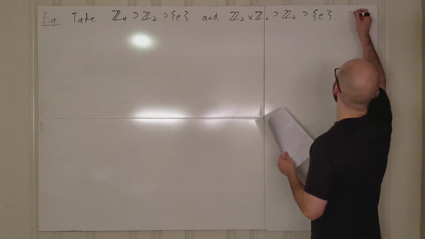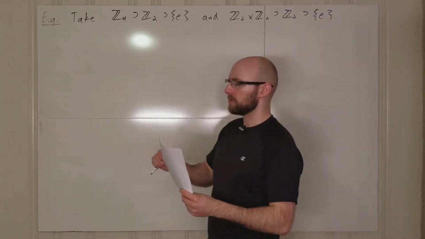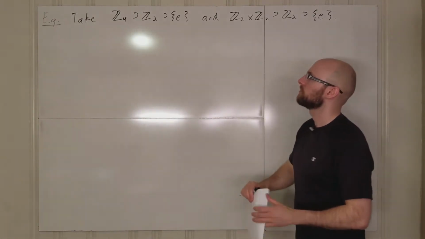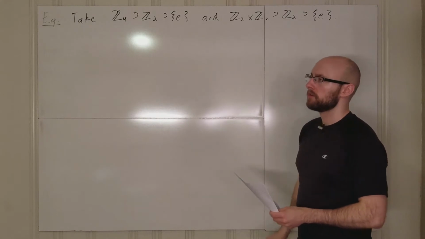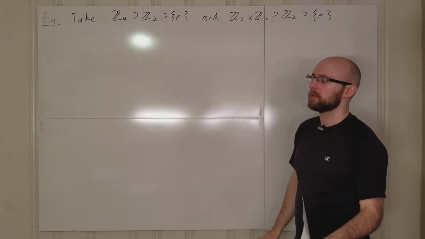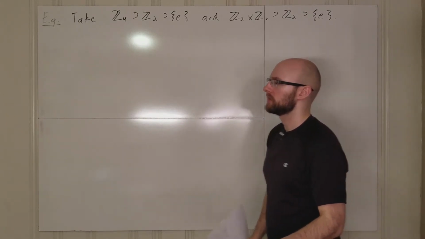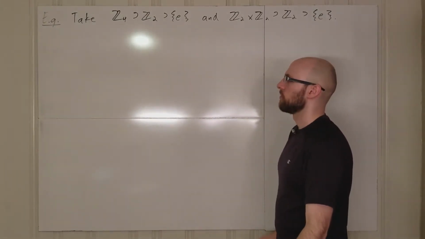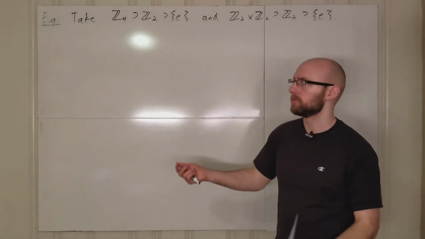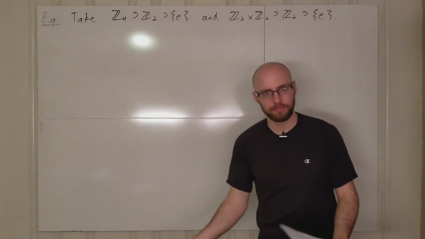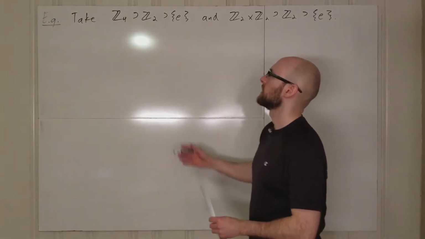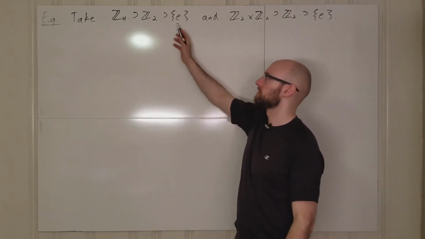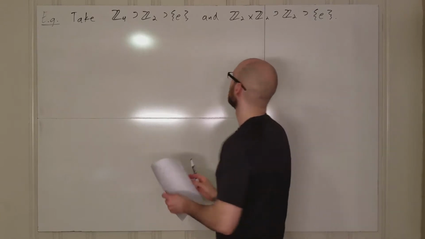So what about the graded pieces? Well, if we look at this graded piece here, we have Z4 mod Z2. What's going to be the size of that? Well, the size of Z4 mod Z2 is going to be 4 divided by 2, which is just 2. So Z4 mod Z2 is isomorphic to Z2. And obviously Z2 mod the identity is just Z2.